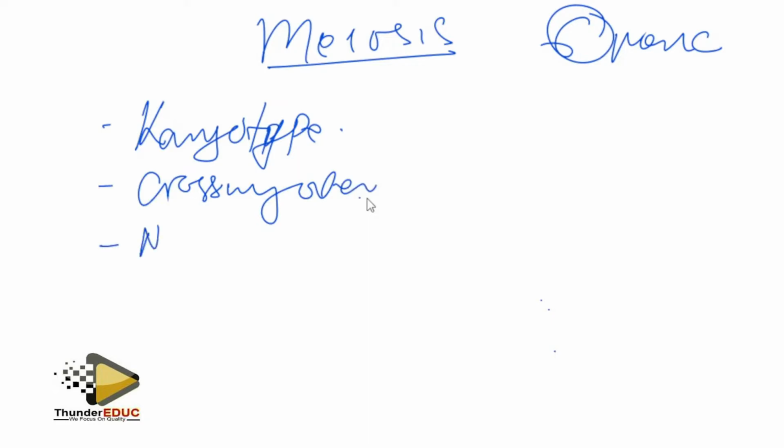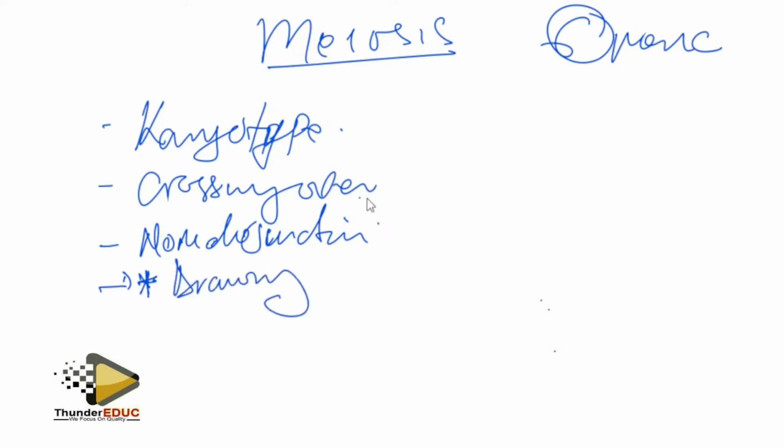You need to know how to describe non-disjunction. Now, this one is a star, is a drawing: the phase before, the phase after, the phase at this side. So you have to know that.